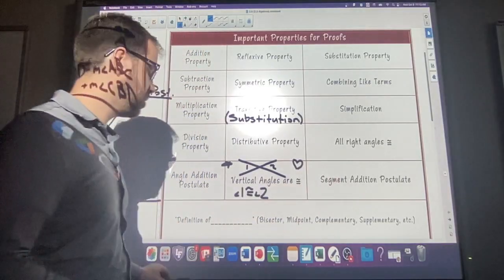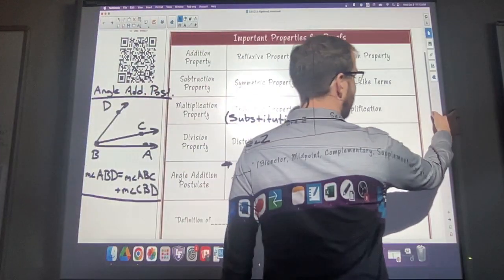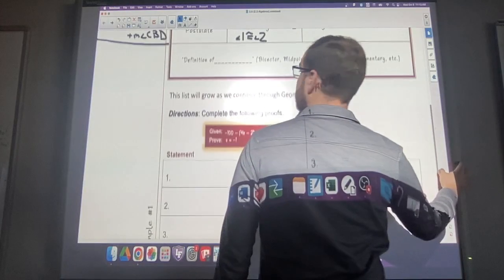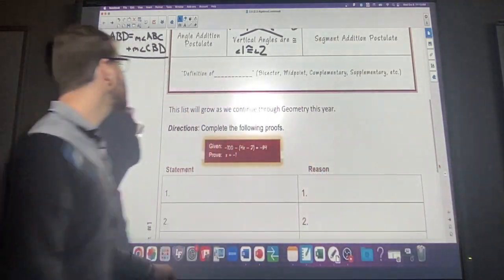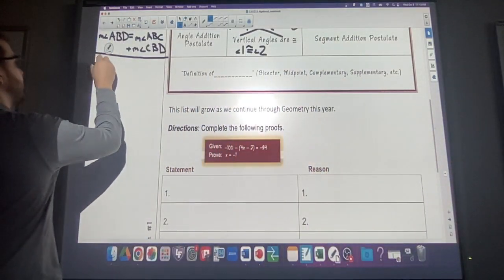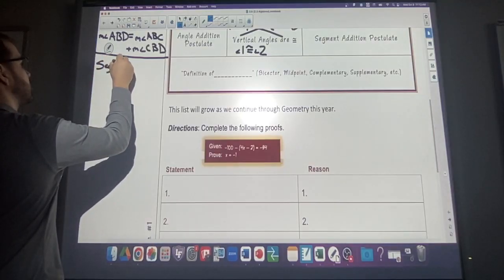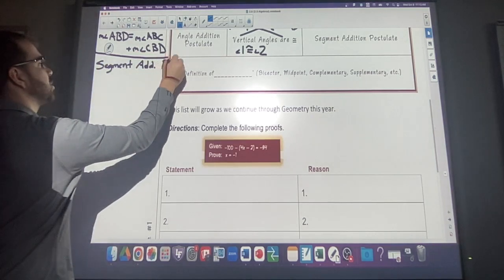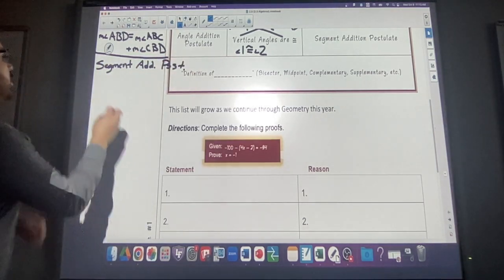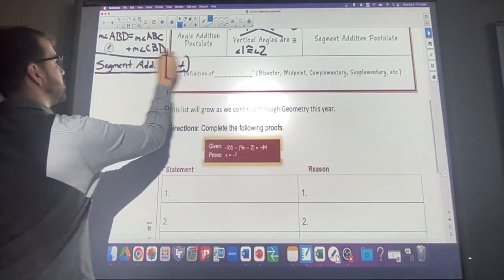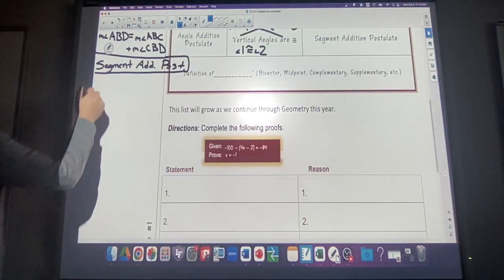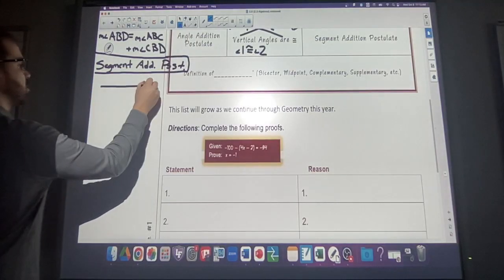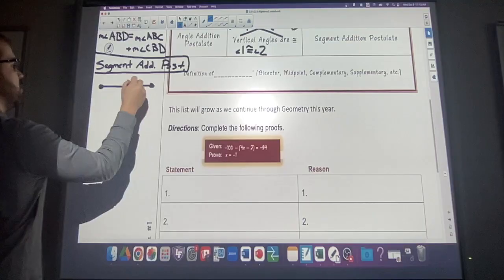Segment addition postulate, very similar to the angle addition postulate. But now we're going to do the same thing with segments. So we got segment addition postulate. I just need to abbreviate it so it'll fit here. For the segment addition postulate, we are going to have a segment, and there's going to be some point on it.